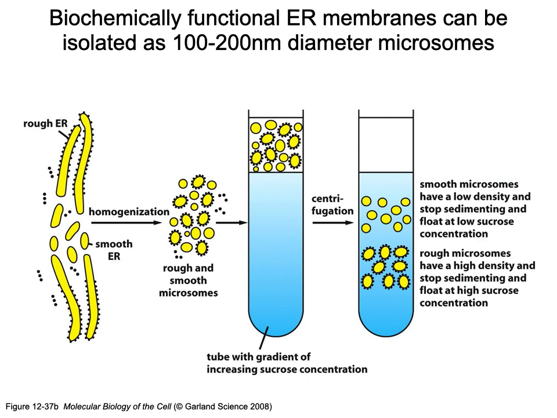Characteristically, they are going to be between 100 to 200 nanometers in size, and the smooth microsomes formed from the smooth ER would have a lower density. The rough ER are going to have a higher density, and that's because of the ribosomes attached to them. They're going to end up having more mass to them.